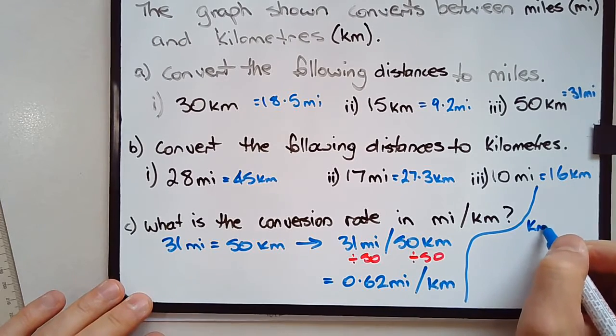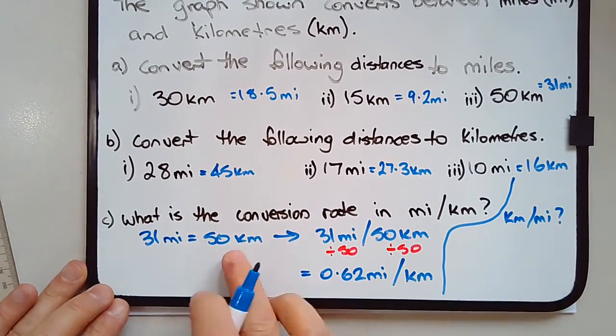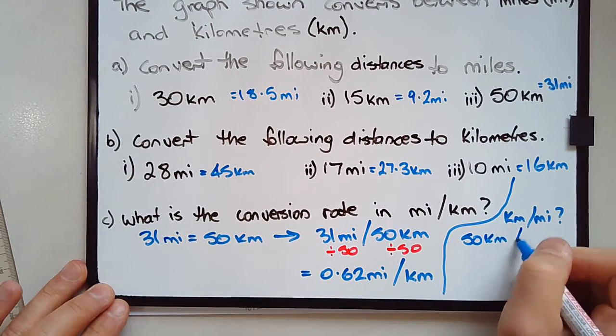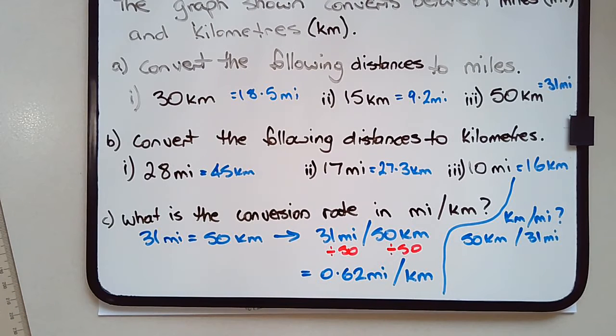Just while we're on the topic of conversion, what about kilometers per mile? I might just add this one as an extra. So reversing those around, if 50 kilometers per 31 miles, we want it in kilometers per mile. We need to divide both of these by 31.